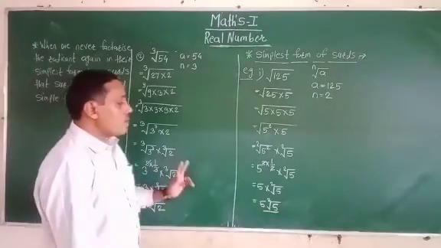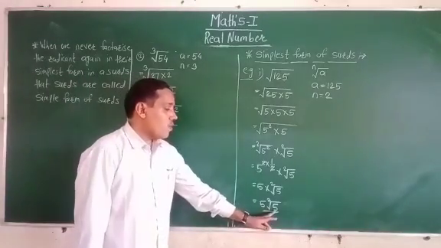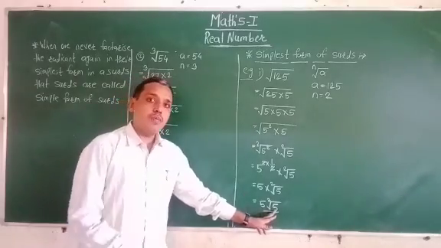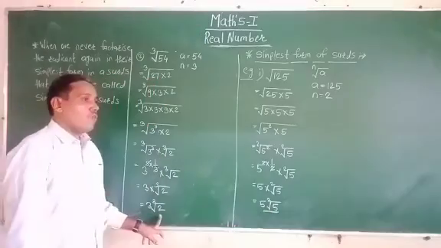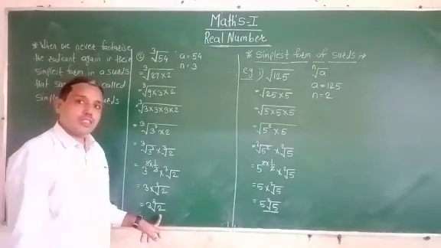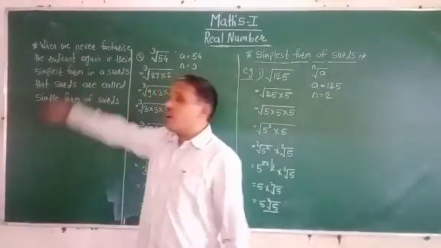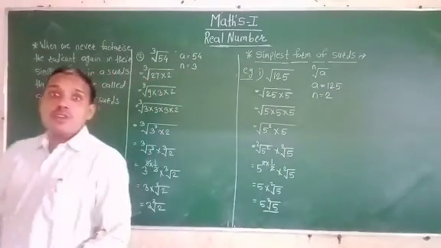In that example, 5 is a radicand. We never factorize it again in its simplest form, and that 2 we also never factorize again in its simplest form, and that is why that form of the surd is called the simplest form of surd.